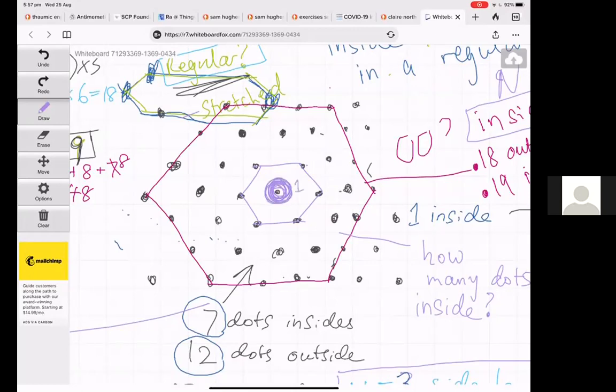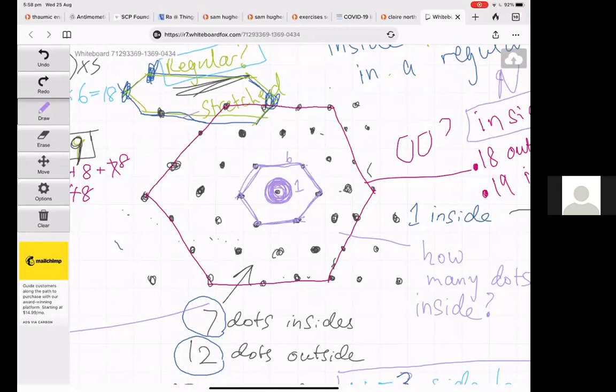Yes, there's 1. Okay, can you tell me how many dots are on this hexagon? 6? Okay, but how about 1 on each side? Because there's 6 sides. And then all together is 6. Yeah, so 1 times 6 is 6.